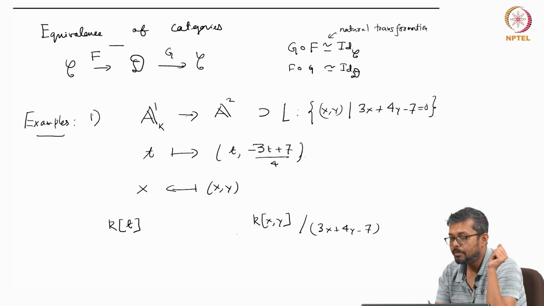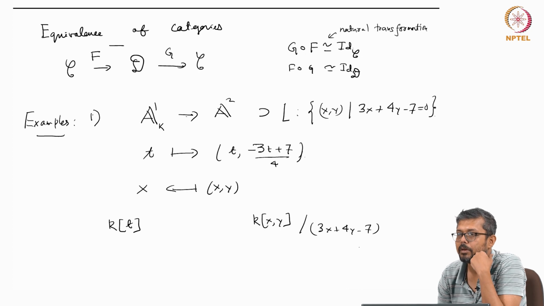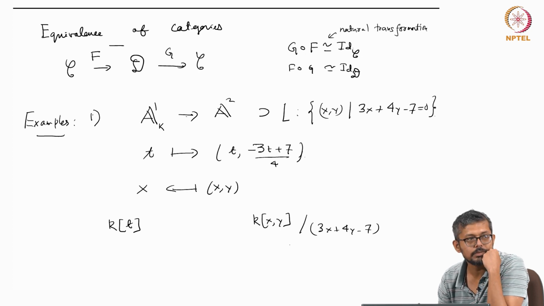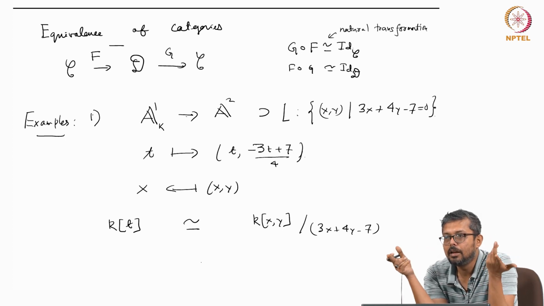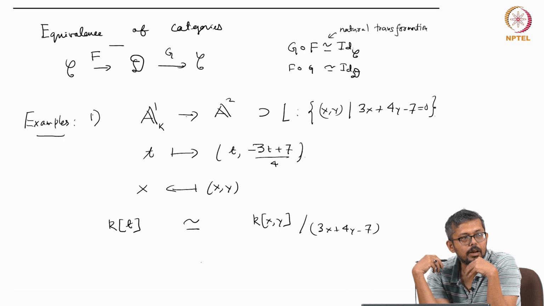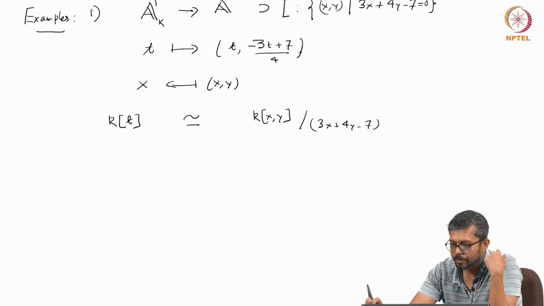Now this is isomorphic to k[t] in one variable. This is a linear polynomial, right? Y you can replace by x. So this is isomorphic. Now the theorem says that X to Y is an isomorphism if and only if the corresponding coordinate rings are isomorphic, right?